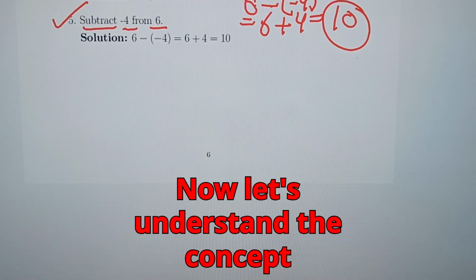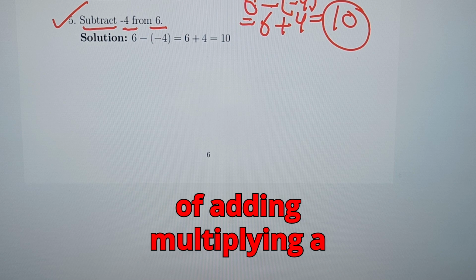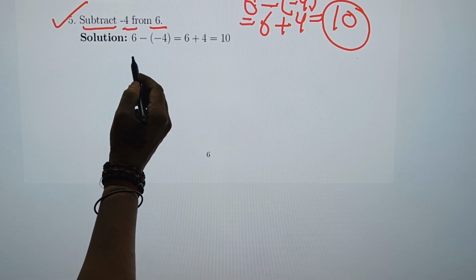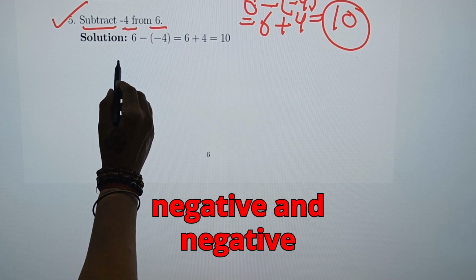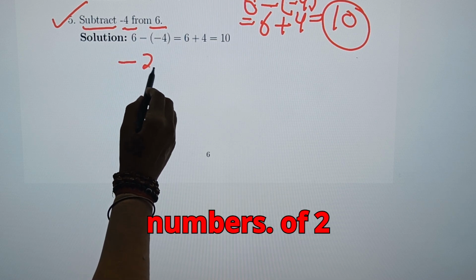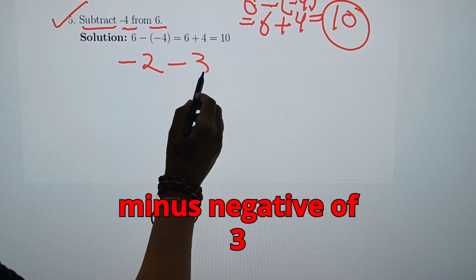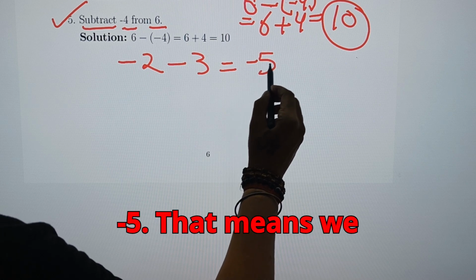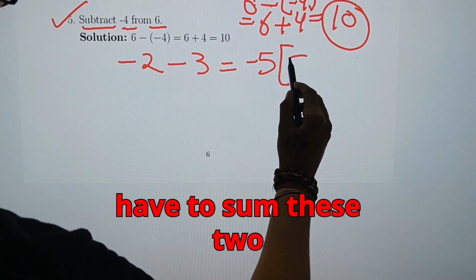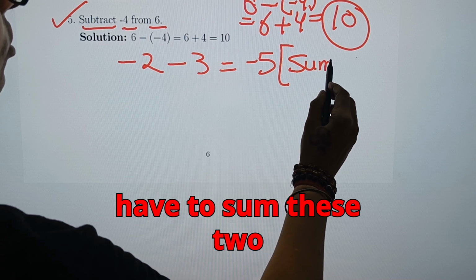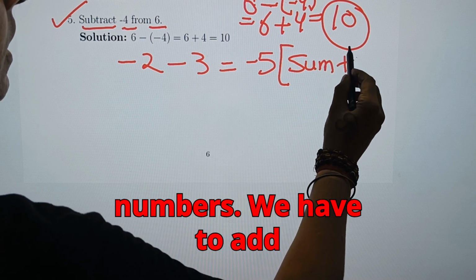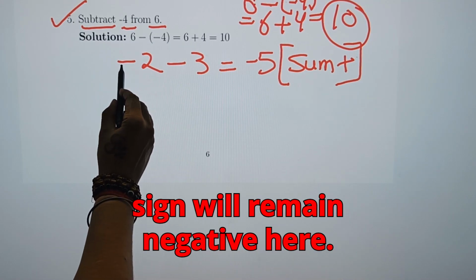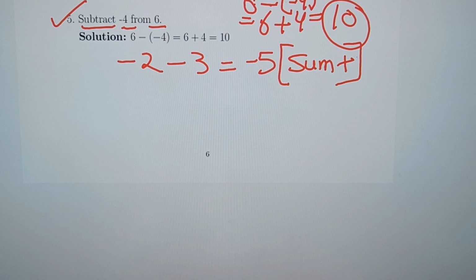Now let's understand the concept of adding and multiplying negative and positive numbers. So negative of 2 minus 3 is going to give you minus 5. That means we have to add these two numbers, but the sign will remain negative here.